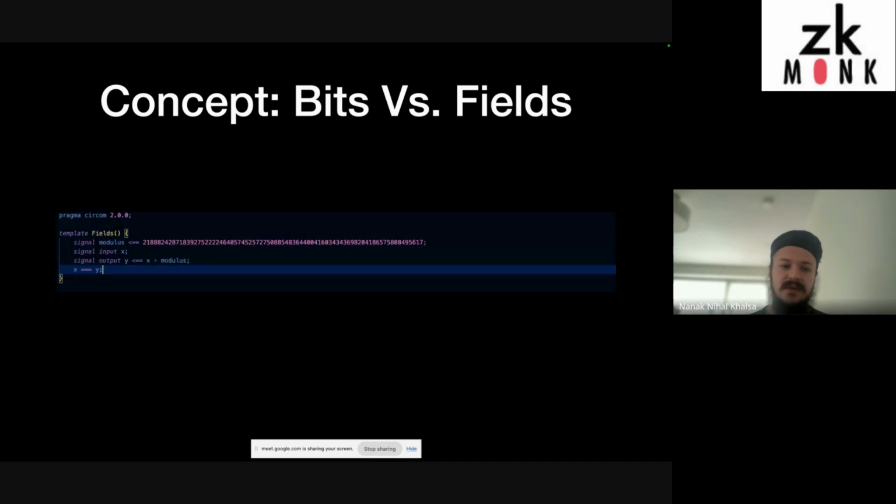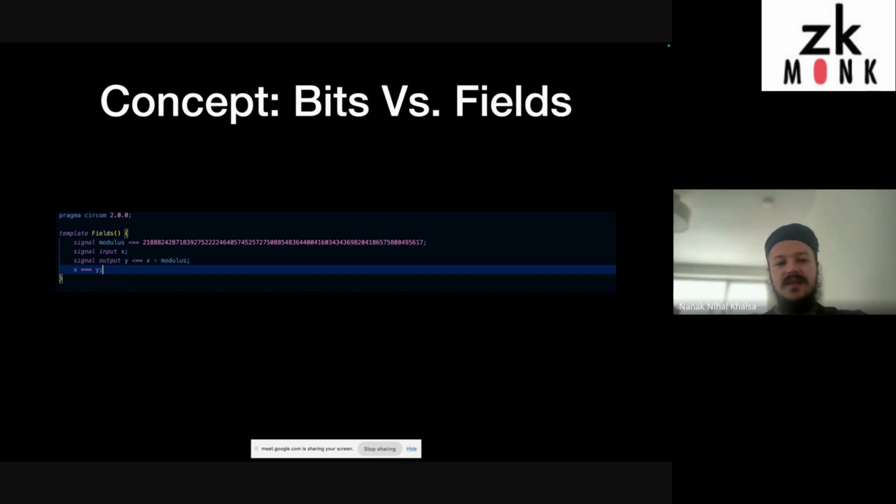So to give a code example of how this works, to see the wraparound, here's a Circom template. You can think of it a little bit like a function, but it's not quite a function, as you can see. And what we're doing is, this is this large prime number.